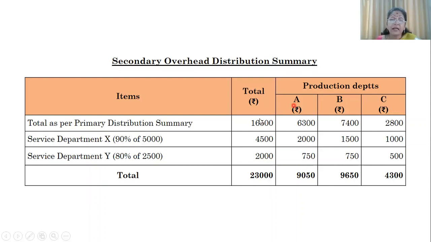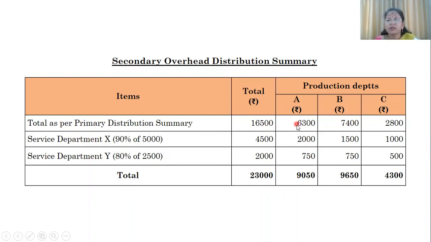We are allocating these expenses, 5,000 and 2,500, on a percentage basis only to the production departments, not to the service departments. So you should not provide any column for service departments. It is under the simultaneous equation method. Then total as per primary distribution summary.